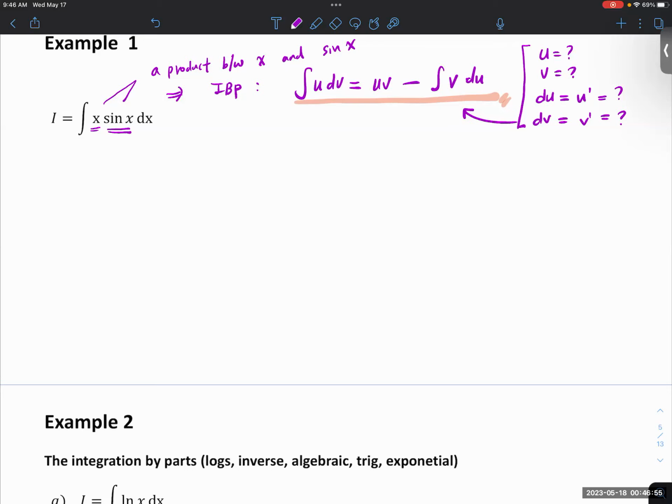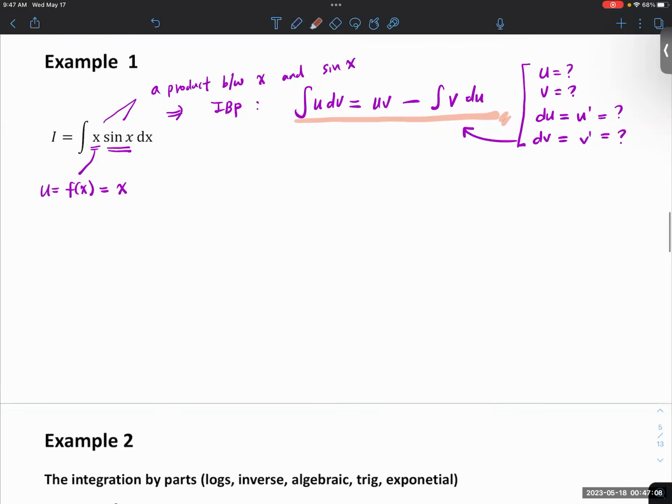I'm going to say u is one of the functions. I'm going to say x equals u, that's my f function. And as you see in this structure, sine x and dx together is a dv, which is your v prime.